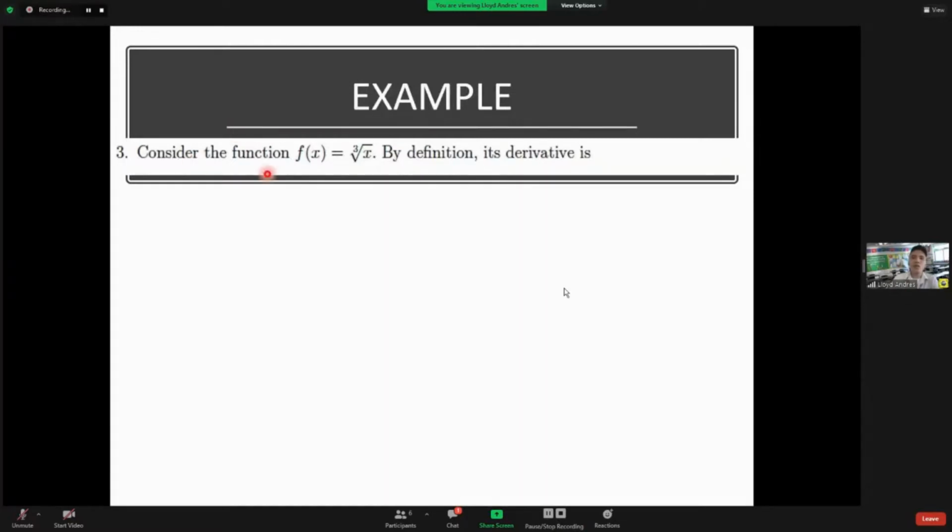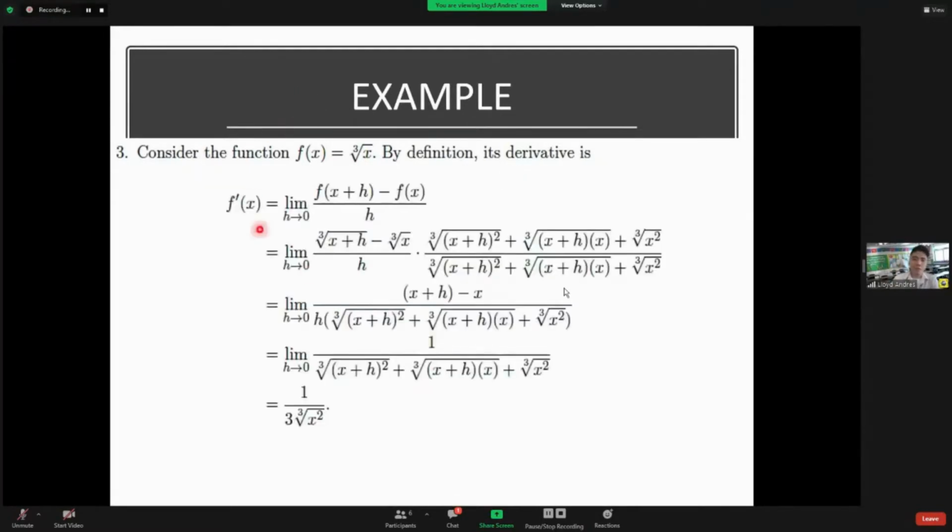Consider the function f of x equals the cube root of x. By definition, this is how you get its derivative using the definition. Don't be scared of the process, it is long, because it is by definition.